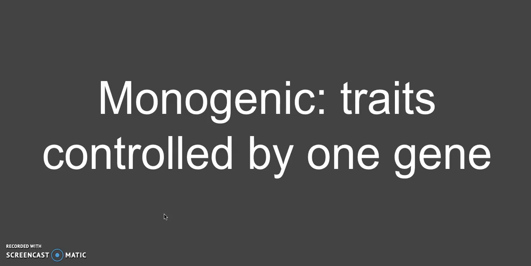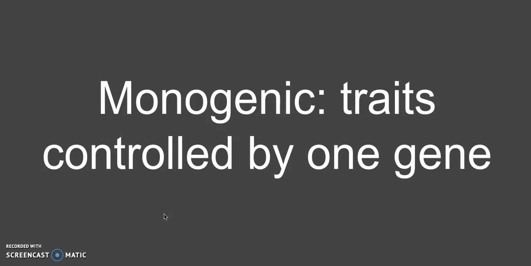So, for instance, the relative wetness or dryness of your earwax is determined by a single nucleotide. So, one change in one nucleotide ends up coding for a different protein, and that different protein individually determines how wet or dry your earwax is.